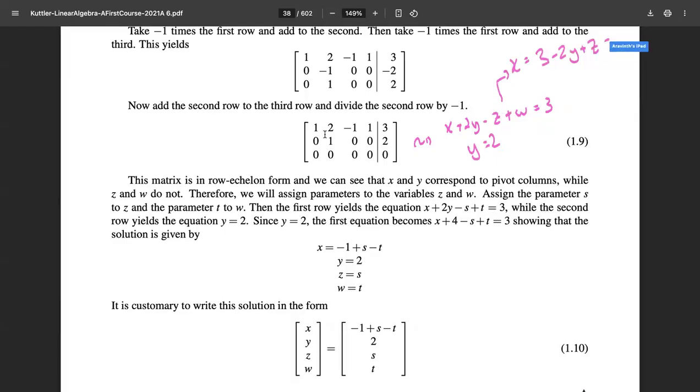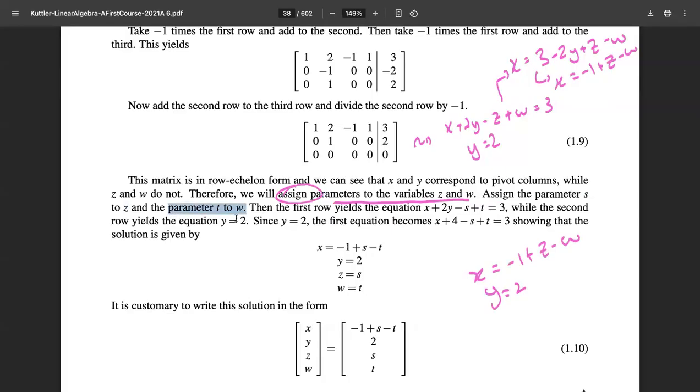Since y is 2, I can write it as x equal to -1 plus z minus w. So I have y is equal to 2. After I get my reduced row echelon form, there's nothing about my z and w, right? So we can assign parameters to z and w. We'll assign parameter s to z and parameter t to w.